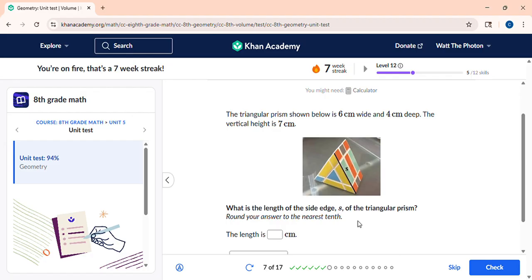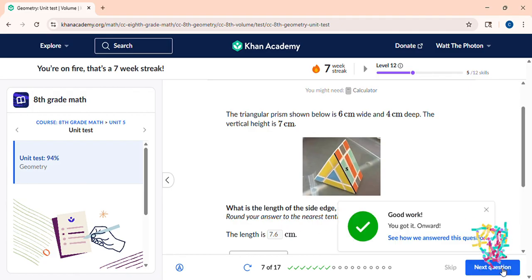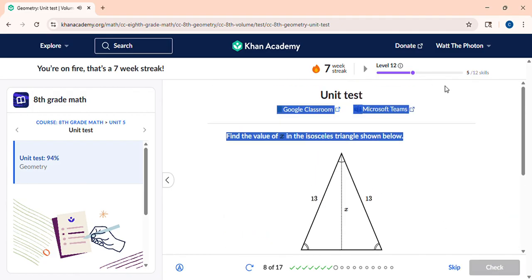The vertical height is 7 centimeters. What is the length of the side length S of the triangular prism? 7.6. You're trying to find x.